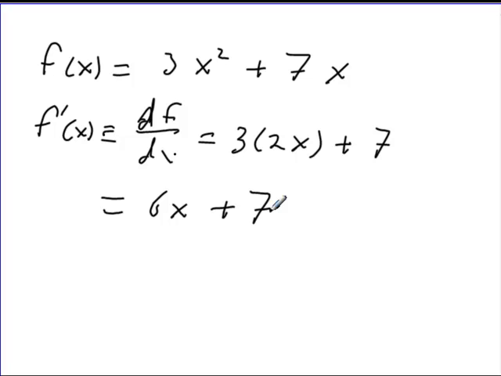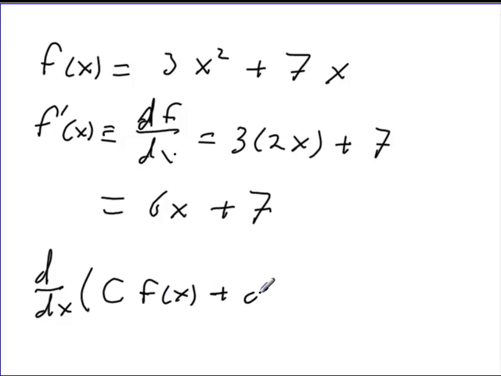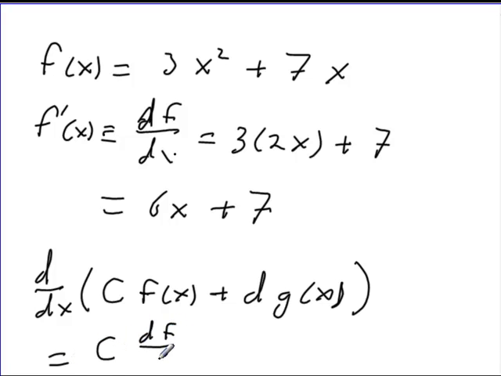The way we write these rules is we say that the derivative with respect to x of c f of x plus d g of x is equal to c times the derivative of f with respect to x plus d times the derivative of g with respect to x.